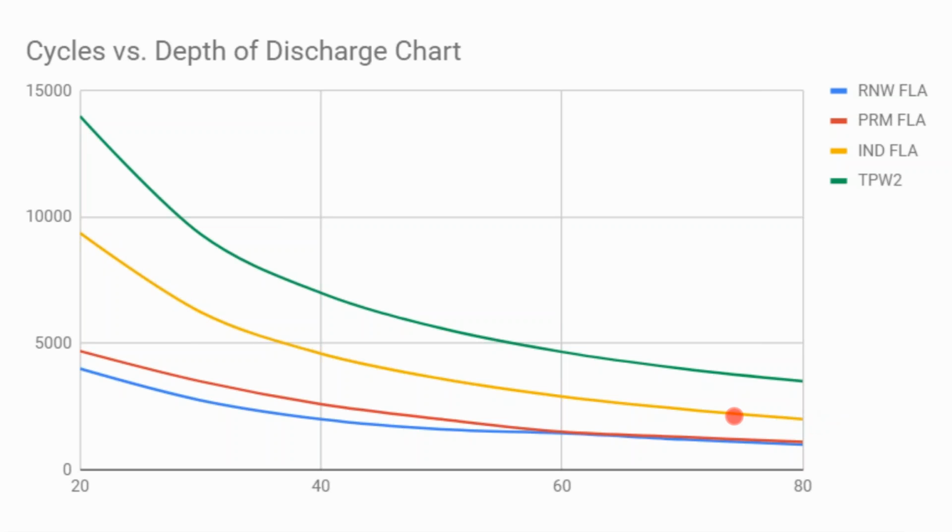And so that kind of surprised me that industrial flooded lead acid batteries, the same kind of batteries that are used on forklifts, actually are kind of halfway in between the performance of what most solar installers in the battery arena would know as a lead acid battery and lithium ion. And then like a golf cart battery or a car battery would be kind of way further down this scale.